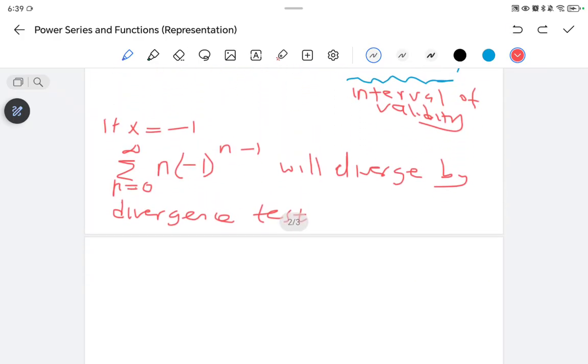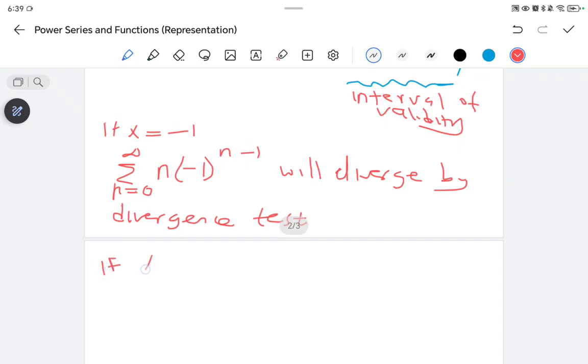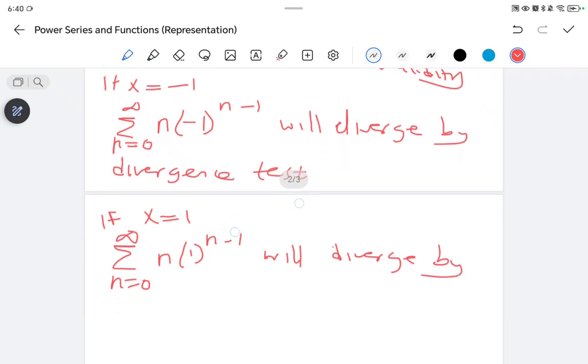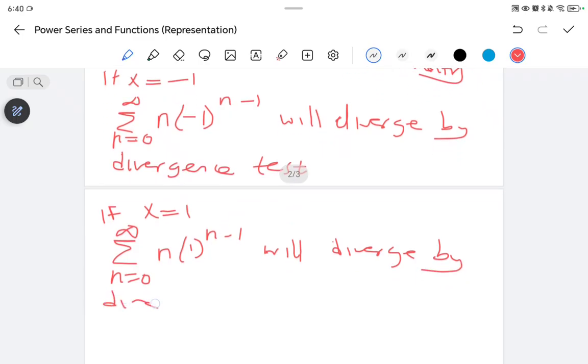Now if x is equal to 1, the summation from n equals 0 of 1 to the n minus 1. This would also diverge, because we would be left with n, and the limit of n is infinite. So this will diverge by the divergence test.